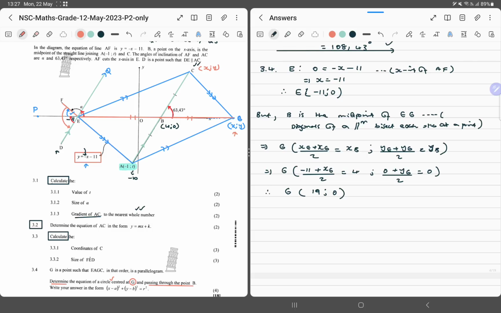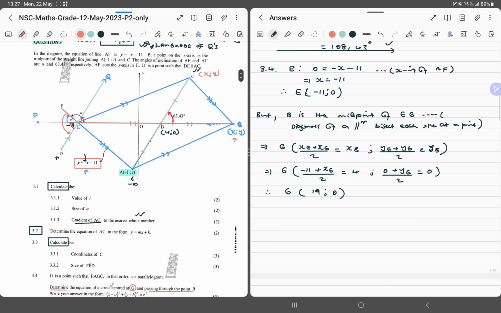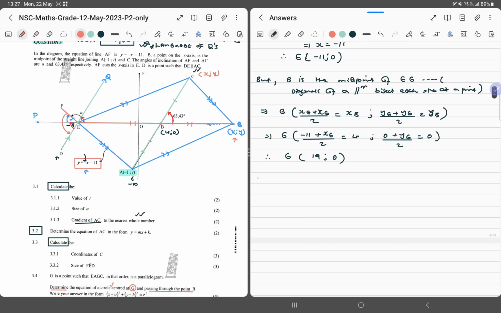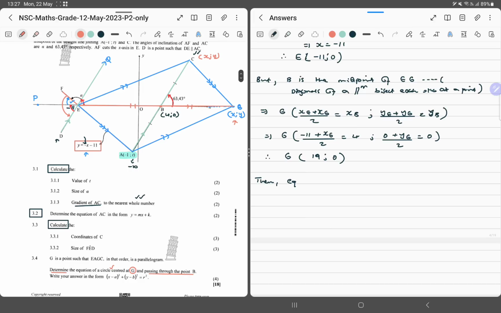Now we got it. Now that we've got the coordinates of G, we've got the coordinates of B. Now we can say then the equation of the circle with center G is such that now we've got x.